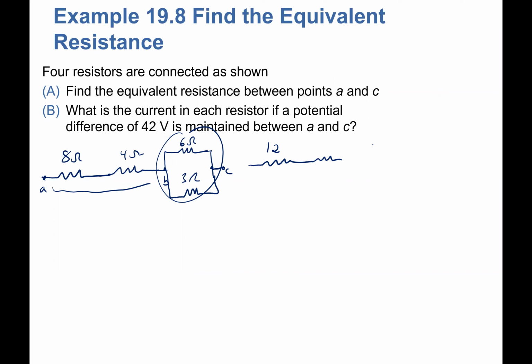I do that by using, remember, one of those shortcut equations. If I have 2 resistors in parallel, R equivalent is R1 times R2 divided by R1 plus R2, just like we had for the capacitors in series, if you remember. So R equivalent equals 6 times 3 over 6 plus 3, which is 18 over 9.